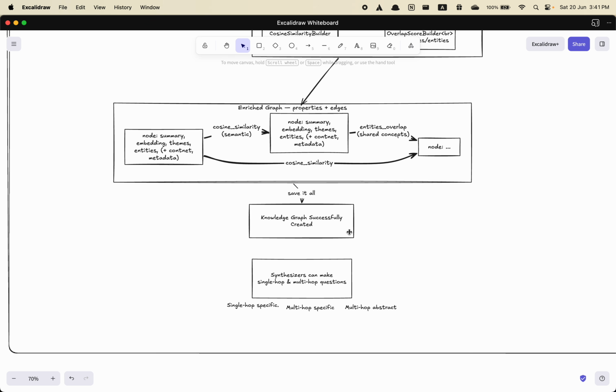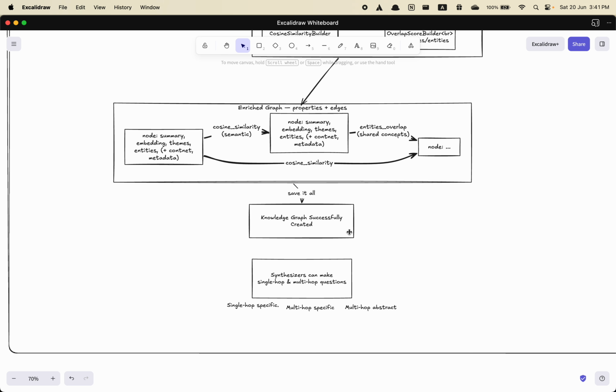So we're asking a multi-threaded question. To answer it, we would have to pull many chunks, doing many hops to different chunks. It's not so straightforward like the single hop.